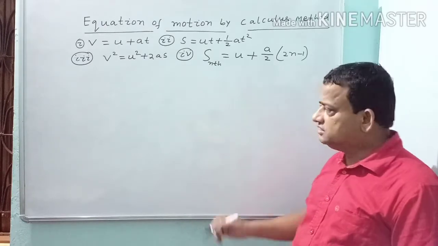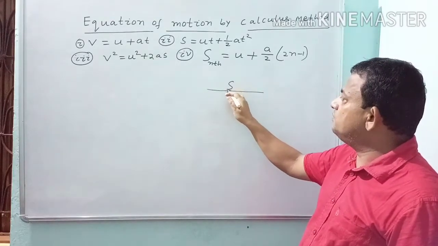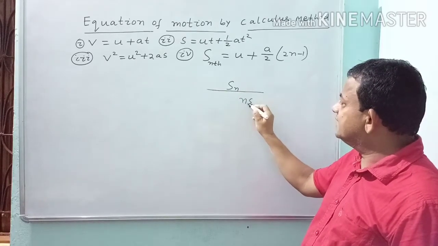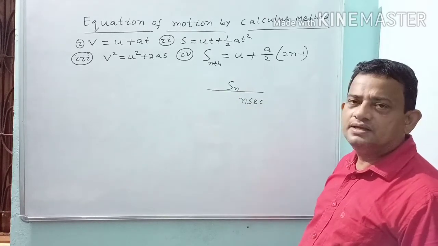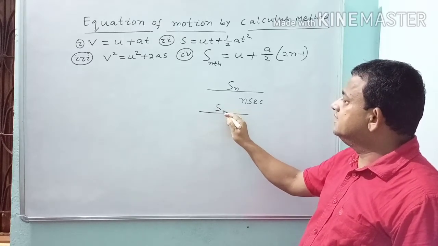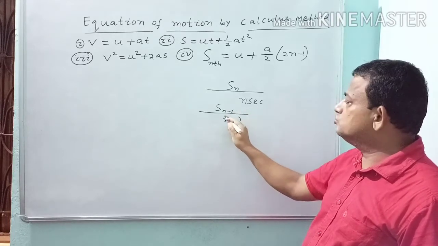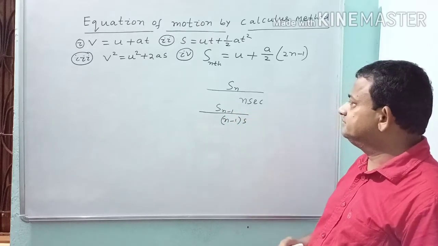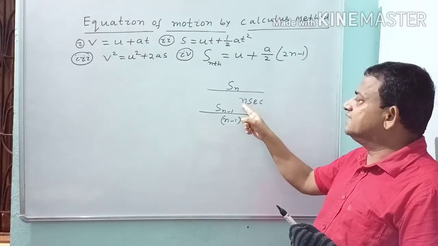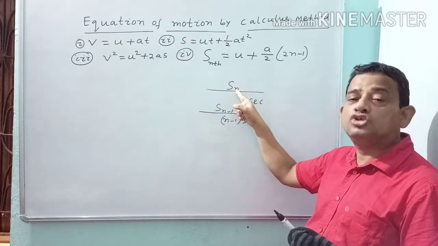Suppose one covers a distance of Sn in n seconds and a distance of S n minus 1 in n minus 1 seconds. So what do I write? In n seconds, one covers a distance of Sn, n is the subscript.